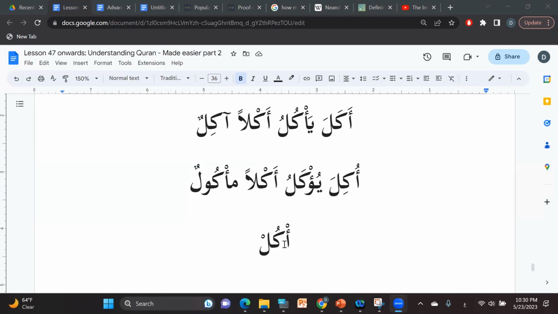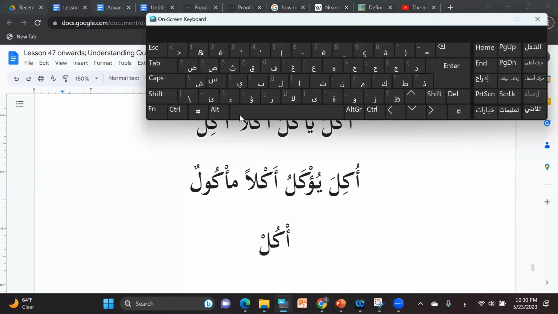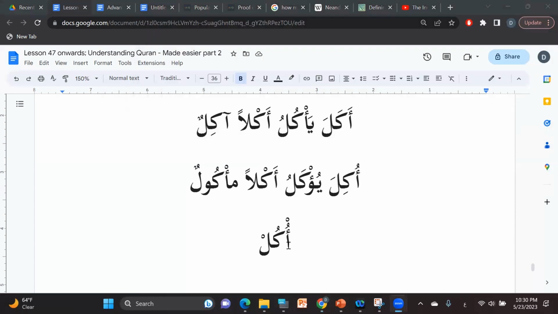But if you cannot read it as is, then you bring an extra hamza, and the extra hamza has dhamma if the ain kalima has dhamma, and the extra hamza has kasra if the ain kalima has kasra or fatha, right? So here, if I put dhamma on this hamza, ukul, this has a jerky sound, and here is the actual irregularity that is happening.